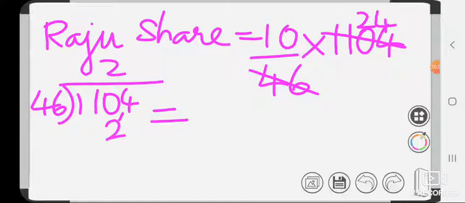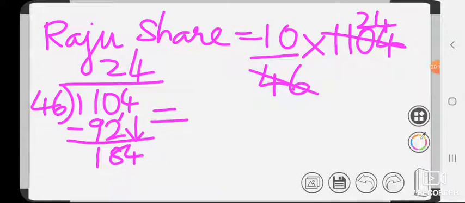Subtract, we get 18. Bring down the number 4. 4 times 6 is 24, 4 carry over 2, 4 4s are 16 plus 2 is 18. Exactly, it is divisible. So what is the quotient? 24. Understood how we got 24?